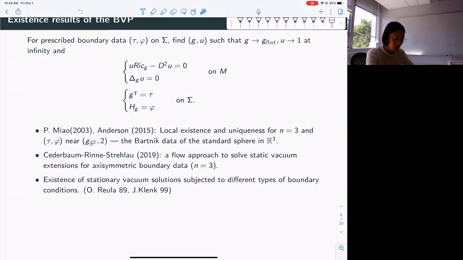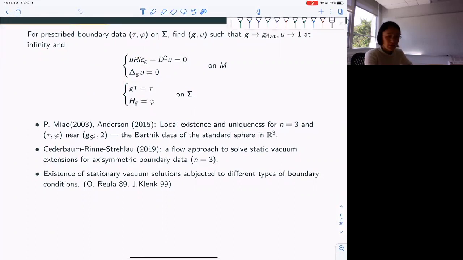Okay, so this local result was first proved by Pengzi Miao under a symmetry assumption, and then it was proved by Anderson in the general case. Okay. And in another work by Sauter, Ringström and Strelko, the authors provide a flow approach to solve this static vacuum system for axisymmetric boundary data, also in dimension 3. Okay.